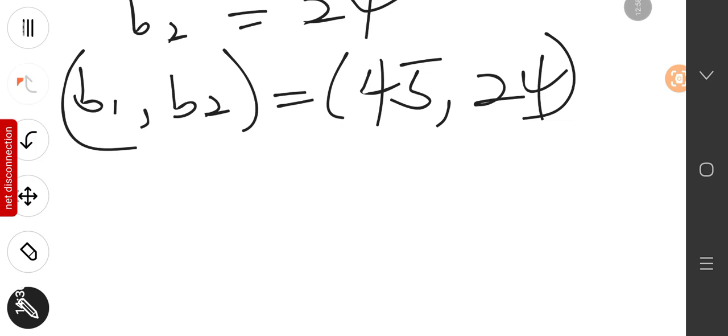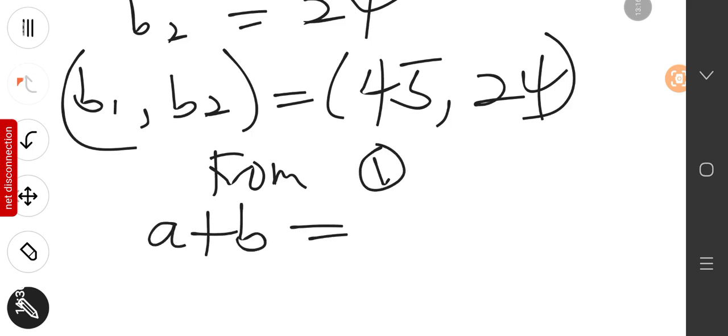Now remember, we are looking for only one value of a and one value of b, but now we have two values for b, so we can use either b1 or b2 to find the value for a. So from equation 1, a plus b equals 69.